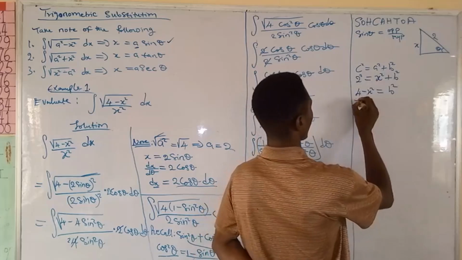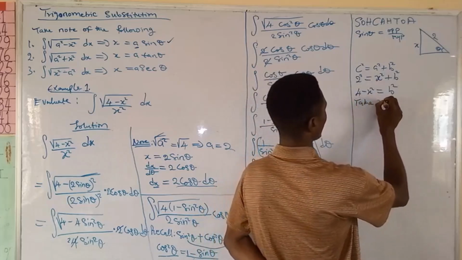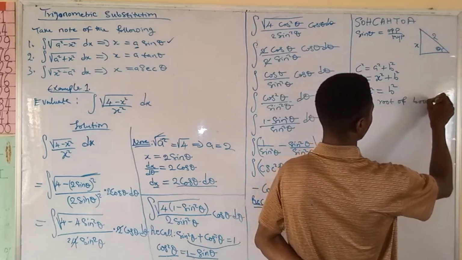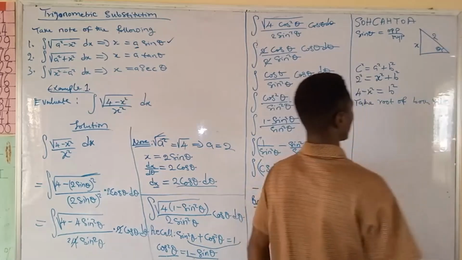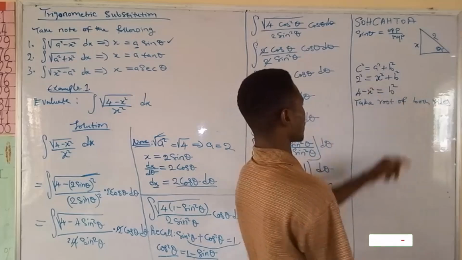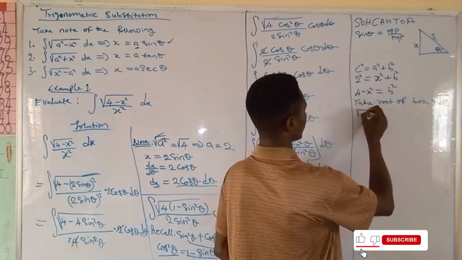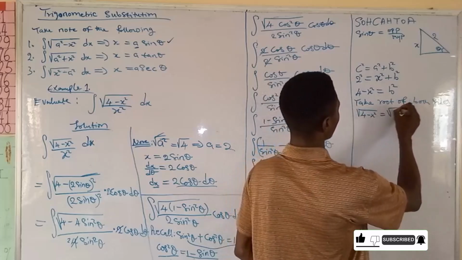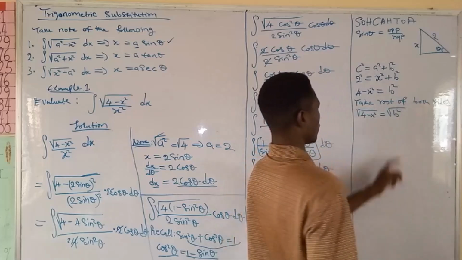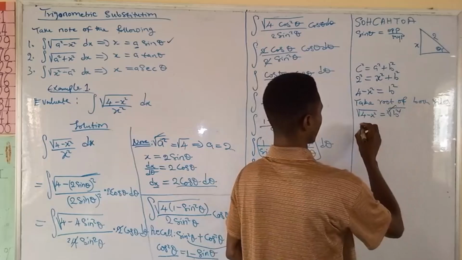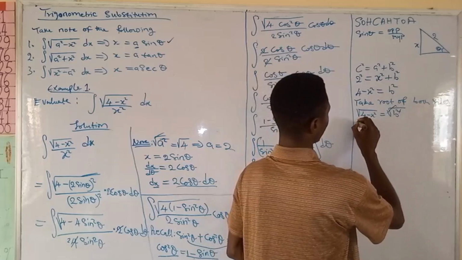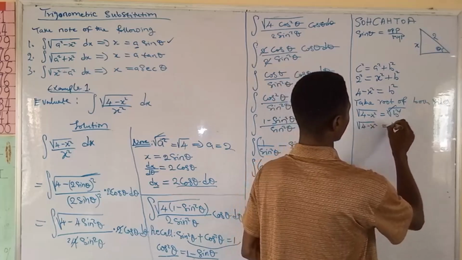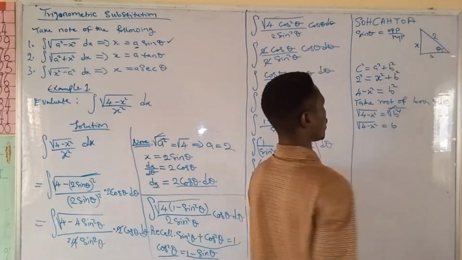So what do we do? We say take roots of both sides. So this becomes the root of 4 minus x squared equals the root of b squared. So this cancels this. It means that root 4 minus x squared is equal to what? B. So we found this point, which is b.